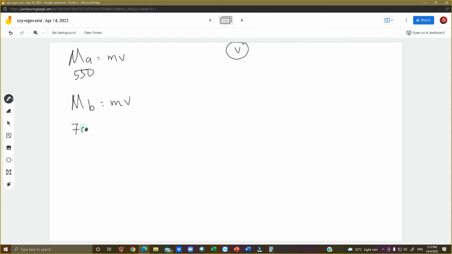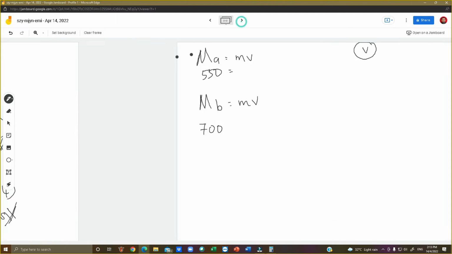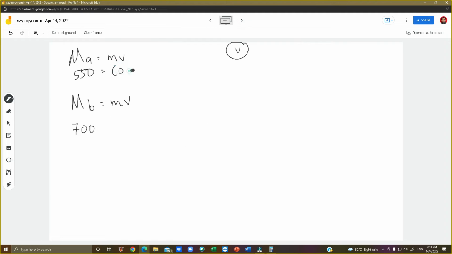Momentum B, 700. Okay, berat bola tadi 120 gram, which is 0.12 kg V. Same as here, 0.12 kg V. So V will be 550 divided by 0.12. This one will be 700 divided by 0.12.